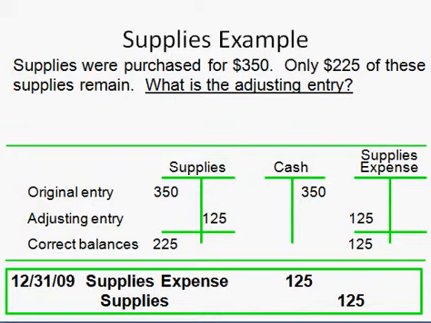So we have to figure out, well, what supplies have we used? So we would take the $350 minus the $225, which gives us $125 is what we've used. So we debit supplies expense on December 31st for $125, and then credit supplies for $125, which brings us down, if you look at the T account on the screen, our correct balance is $225, which is where we wanted to land.